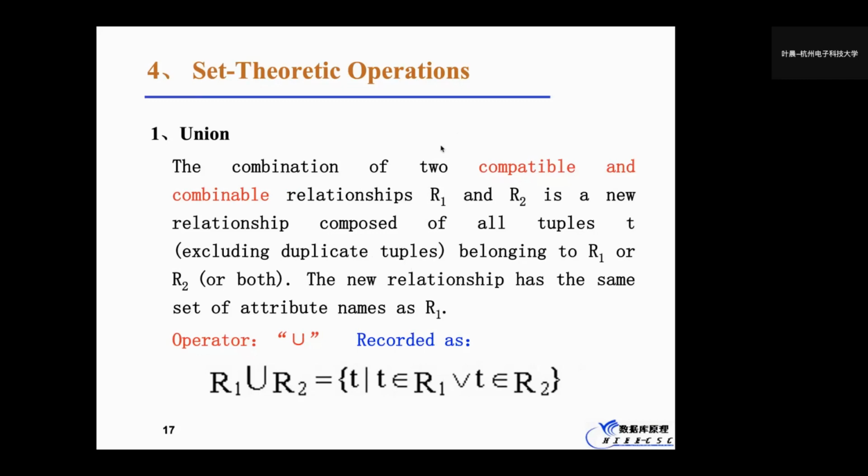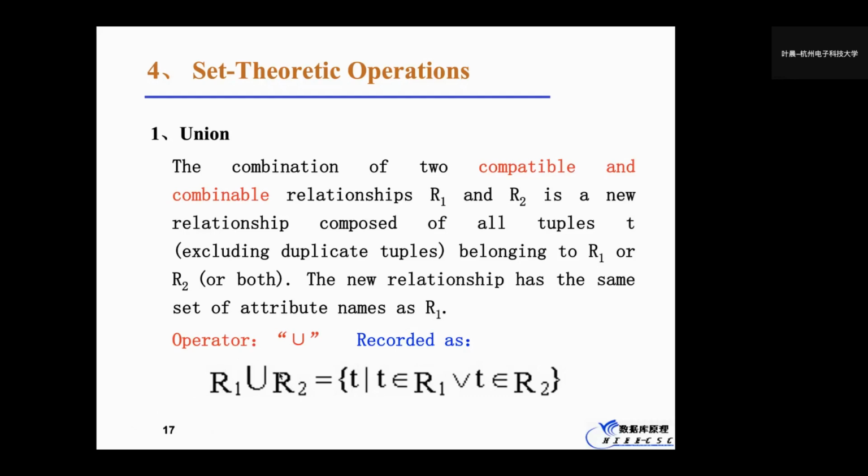So here we denote this union as this. It represents that if you take R1 and R2, which are compatible and comparable, and make a union relationship, then the result is we will get all tuples belonging to these two relationships, but excluding the duplicated tuples.